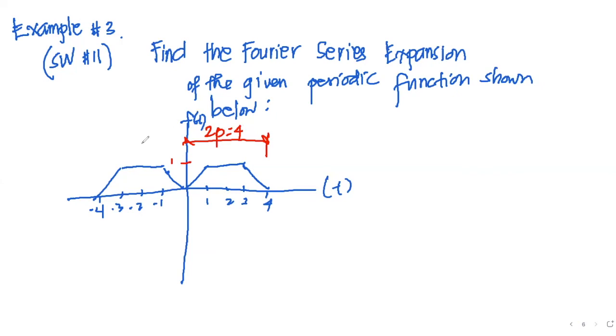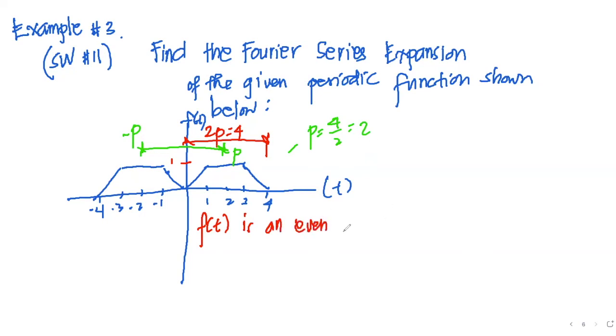If you try to fold this paper containing these functions or these drawings, you can match it. They are in symmetry. So you can label the negative p to positive p interval as your guide later in defining this periodic function.